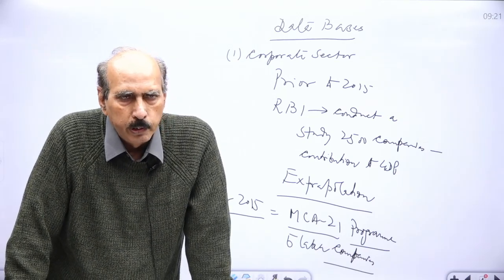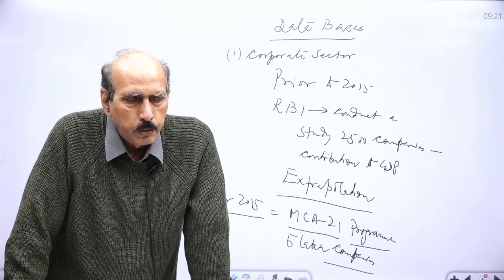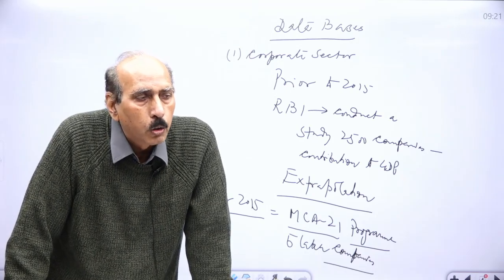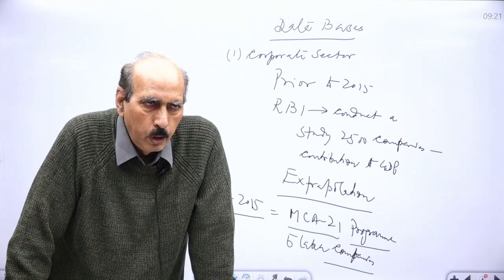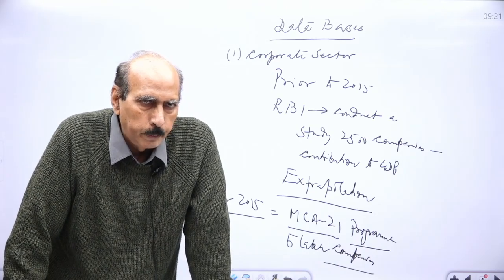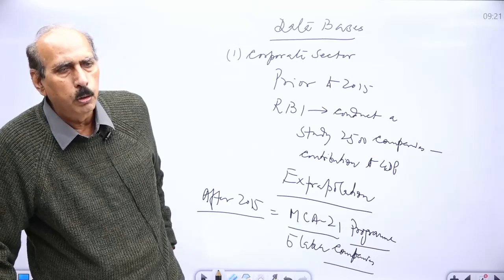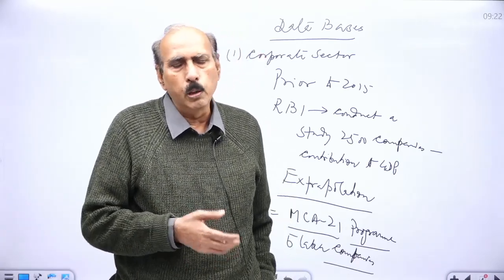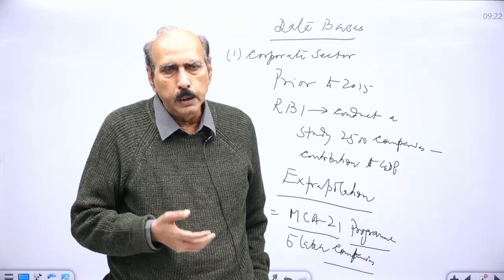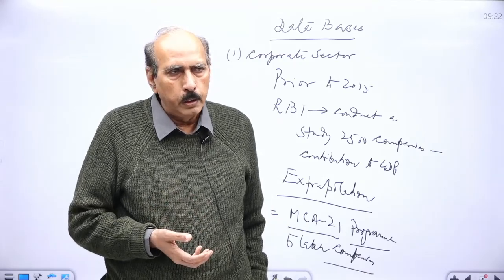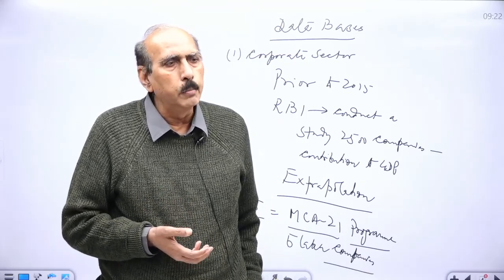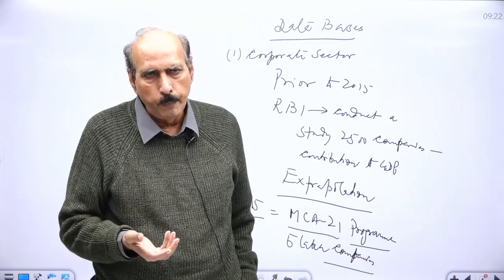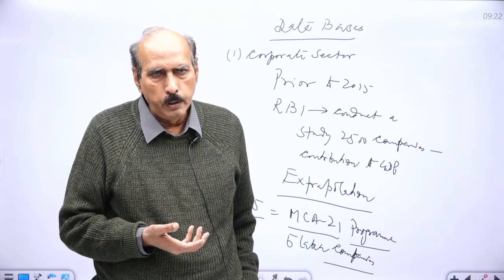Third change which was introduced was the contribution of autonomous or local bodies. What is a local body? Local bodies are, for example, Panchayati Raj institutions, municipal corporations. There are some autonomous institutions which are, let's say, IIMs, IITs. They are autonomous.